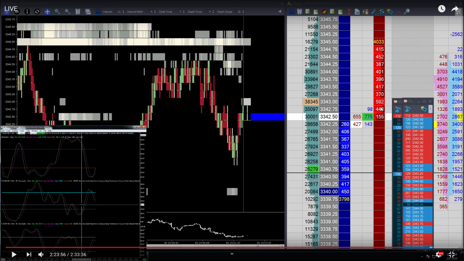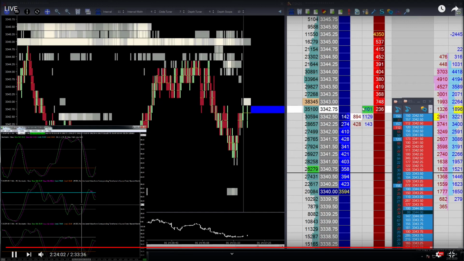Notice there's 592 sitting here. That's not the same as size sitting up here. If you have large size sitting at the VPOC, it's going to get filled. There's a large seller here that wants their orders to get filled. Or they're pinning the market down and they're going to cancel off because they're trying to liquidate or buy.